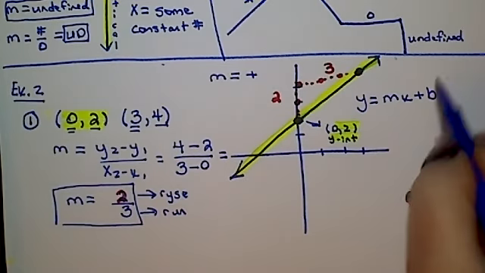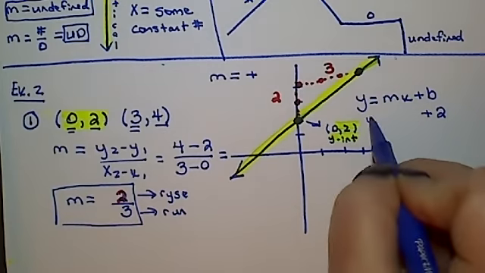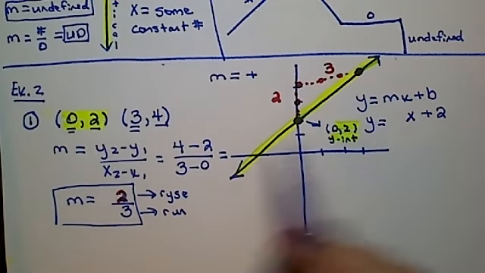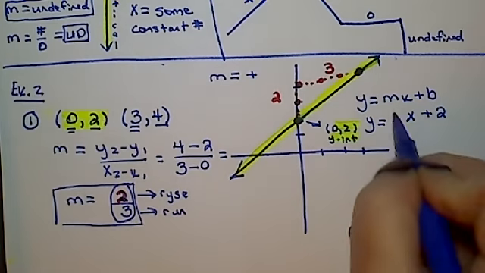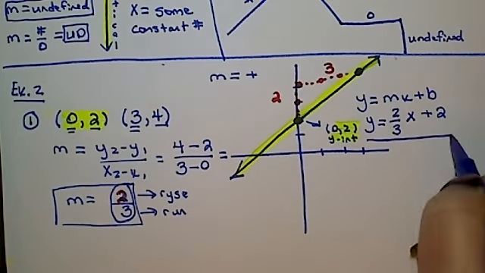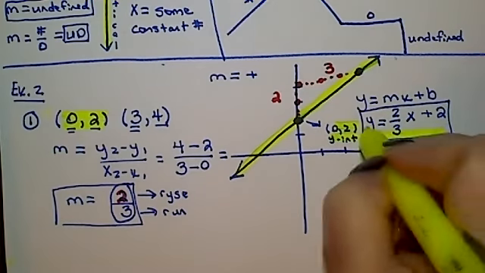So the y-intercept right here is going to be the number 2. We're always going to have the x right beside the slope. The slope would be 2/3. So your equation would be y equals 2/3 x plus 2.